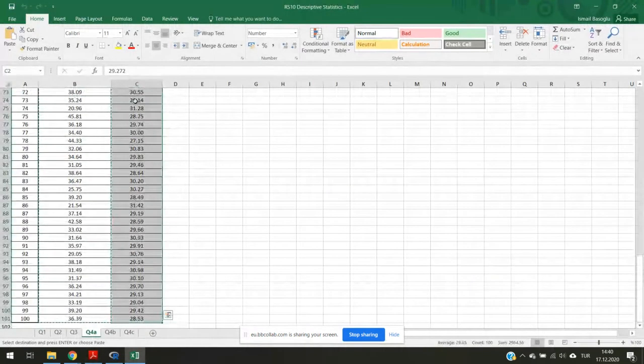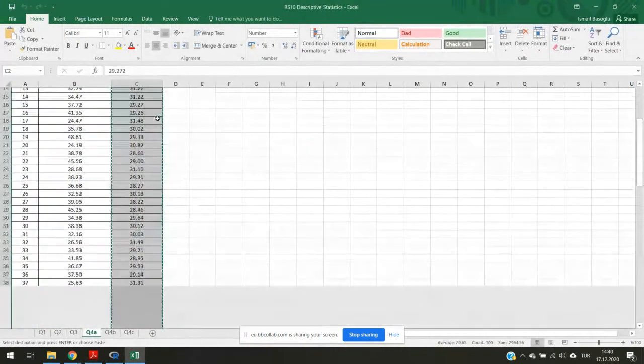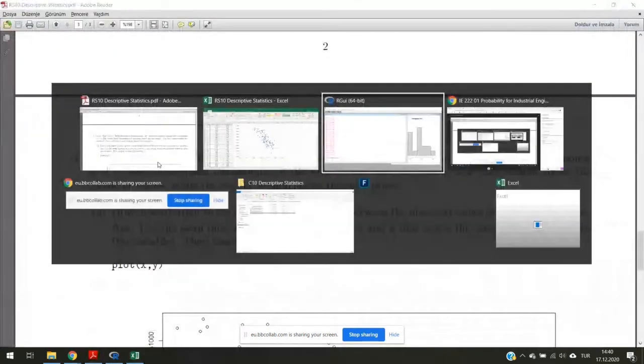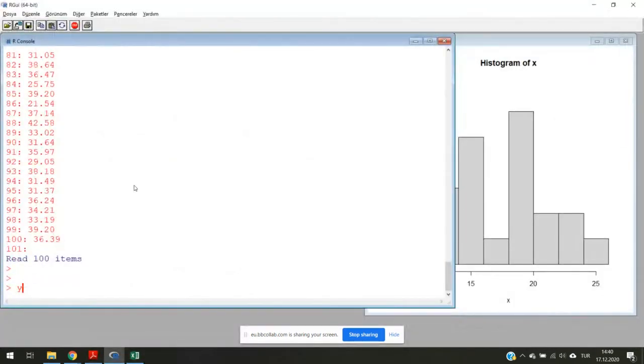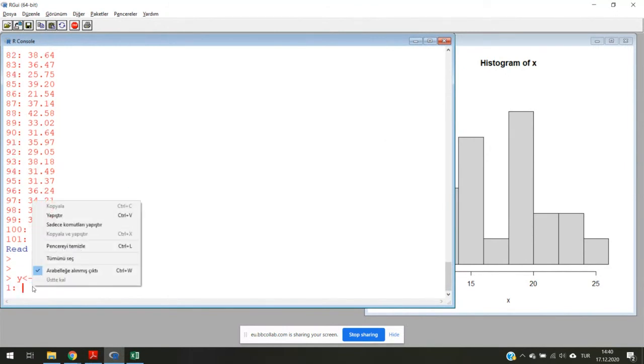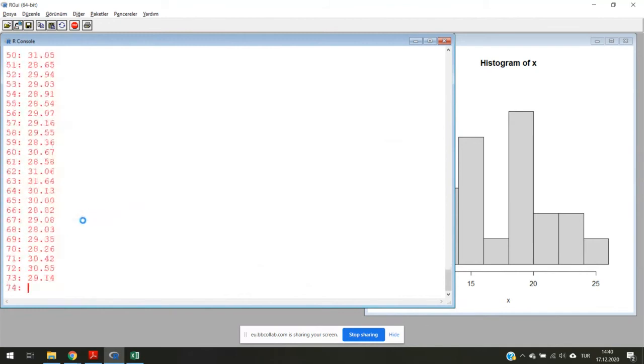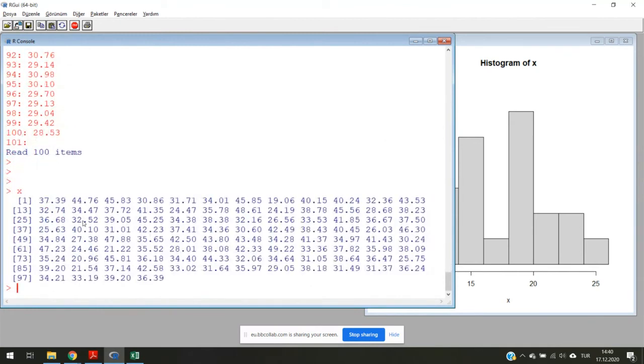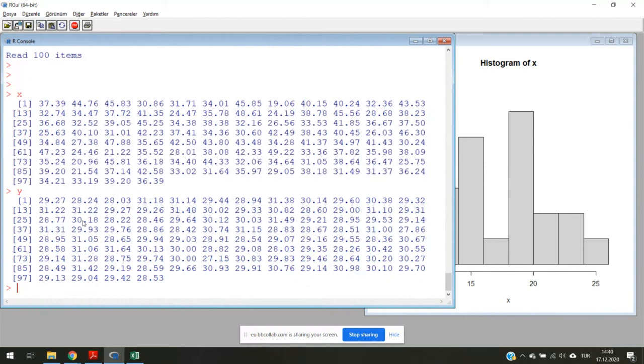Now I am going to copy my second column, write Y <- scan(), press enter, and paste my second vector. Now I have X values, the travel distances, the odometer values, and the second-hand prices in the second vector.